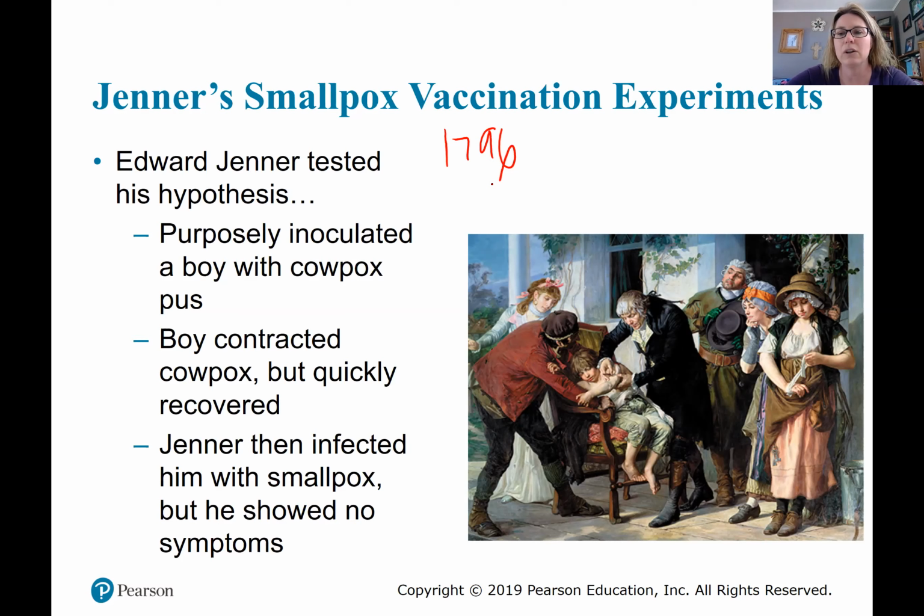Jenner noticed that these milkmaids very rarely got smallpox, or if they did, it was pretty mild. So he came up with the idea that maybe smallpox and cowpox are close enough to each other that if we gave people cowpox, that would protect them from smallpox.